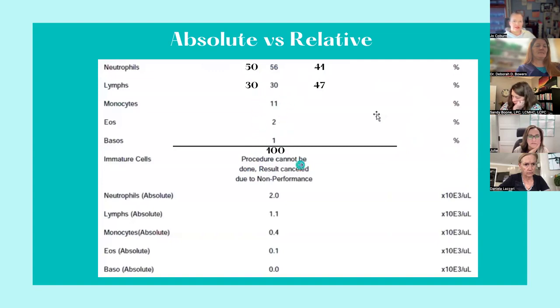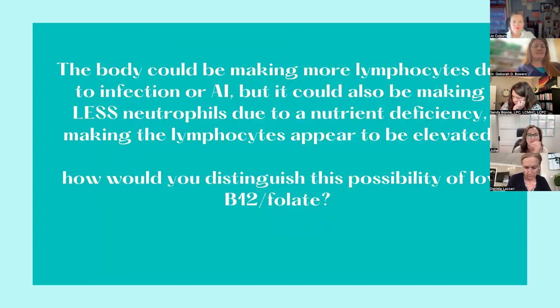If these numbers stay the same, you're going to have to shift things to equal 100. So the body could be making more lymphocytes due to an infection or maybe an autoimmune disease, but at the same time, it could also be making less neutrophils due to a nutrition deficiency. So the lymphocytes appear to be elevated, but you don't know.